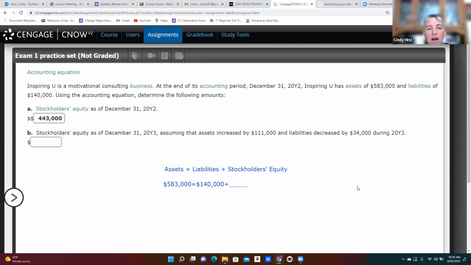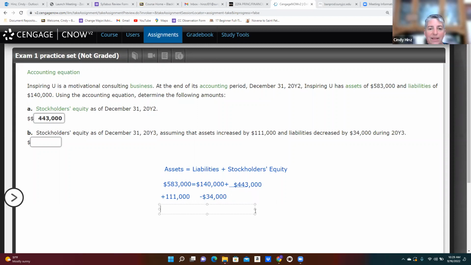So we started the year with $443,000 in equity. And then it tells us that during the year, assets increased by $111,000. And then it tells us that liabilities decreased by $34,000.